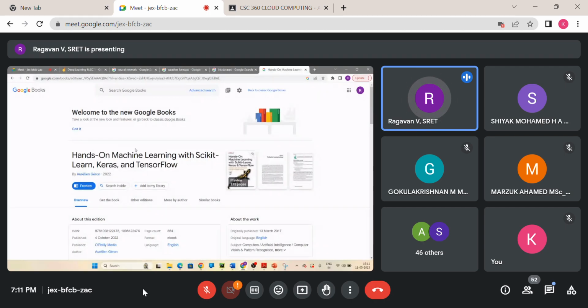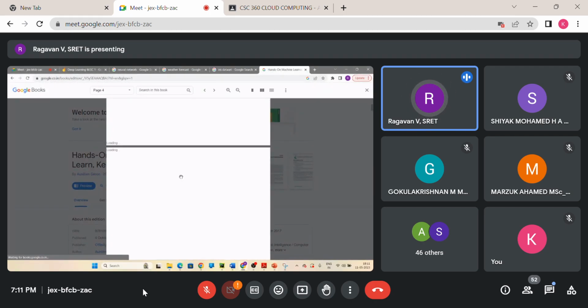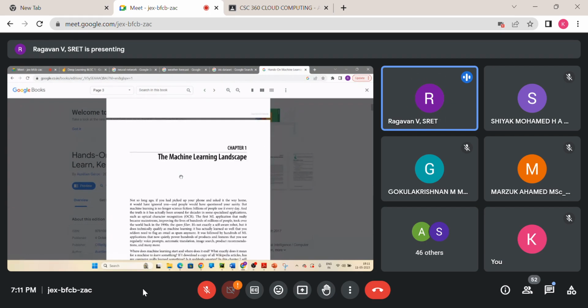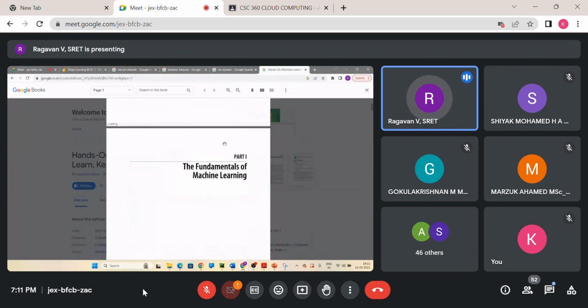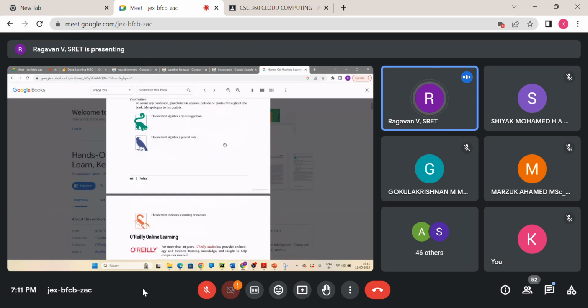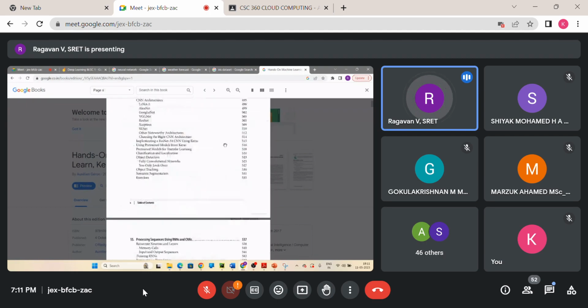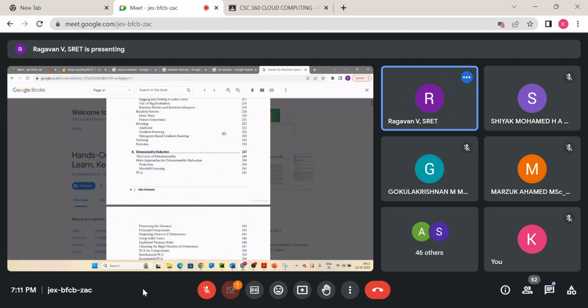I don't know where the index part is. If I find the index, I will definitely explain. It starts from the machine learning landscape, fundamentals of machine learning. Yeah, you can see the index is available here.